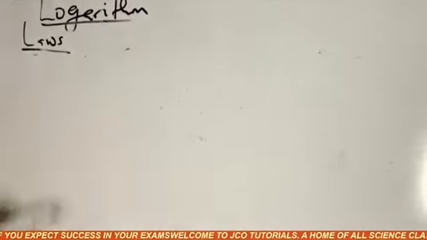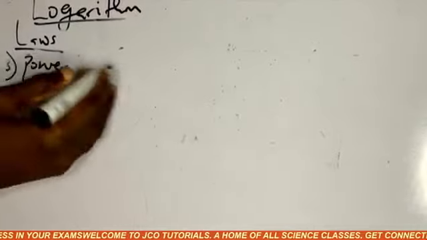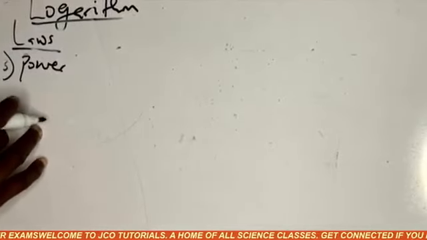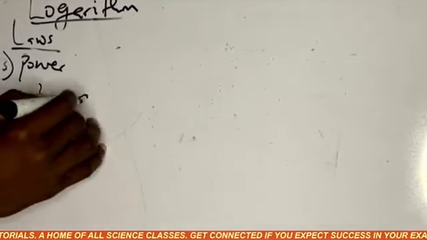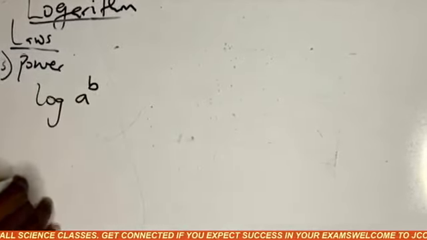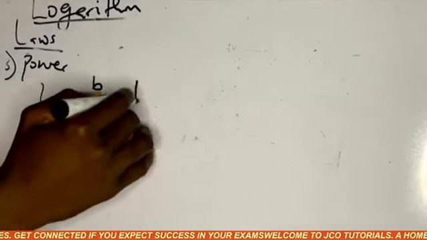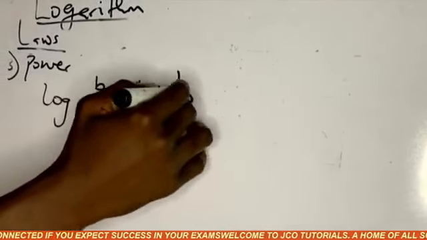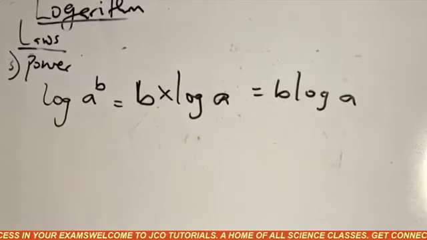What of the next law? We have the power law. Power law implies that the power becomes the multiplier. Imagine you have log a raised to power b. See, the power here is b, so it becomes the multiplier, which is b times log a. That will give you b log a.